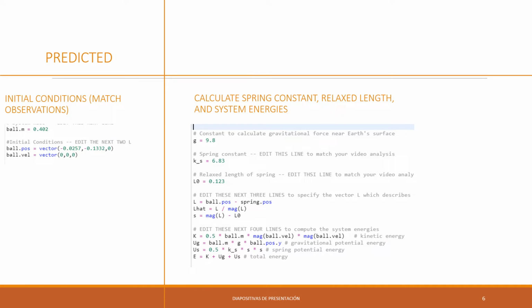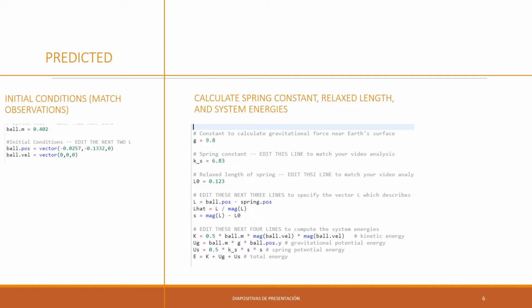We proceed to calculate k, which is the stiffness of the spring, by using the following formula where T is the period in the y direction. The formula is k equals 4 pi squared times the mass over the period squared. We calculate L naught by deriving that the magnitude of the length of the spring minus the mass times the acceleration due to gravity over the previously calculated k.